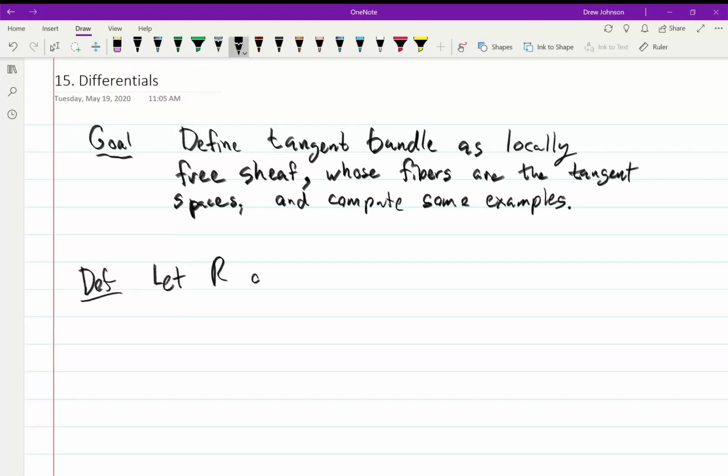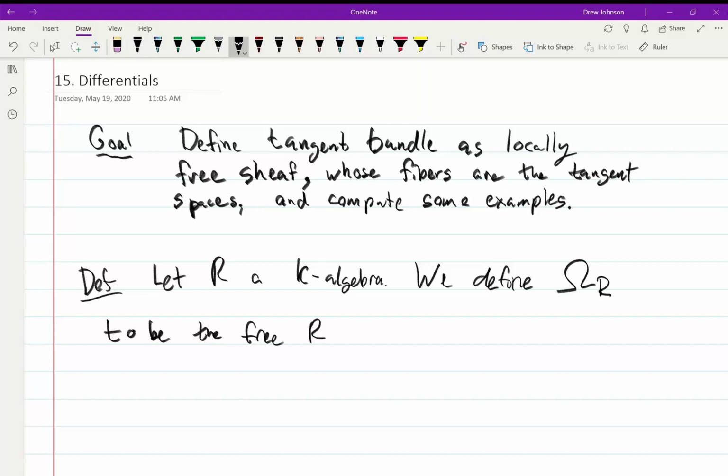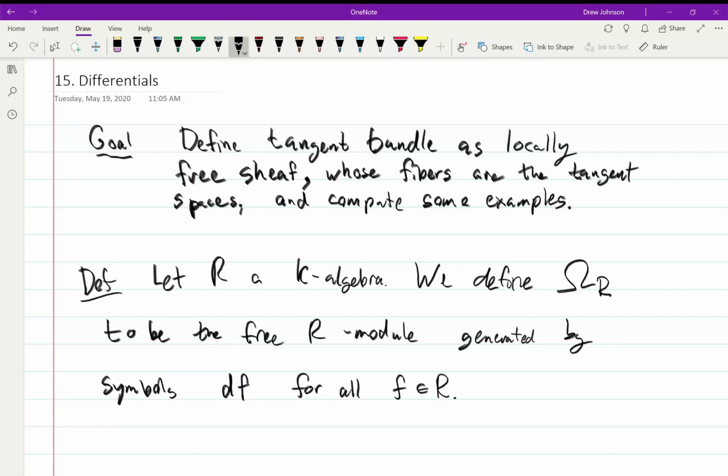So let's start with our K algebra R, and we will define omega R to be the free R module generated by symbols df for all f in R. All right, so this is basically what we're going to say.